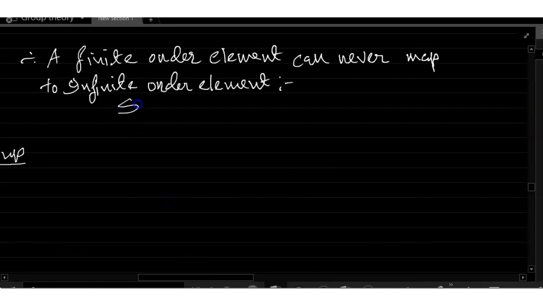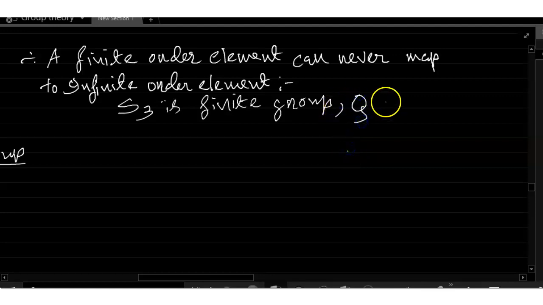In here S3 is a finite group and Q plus is an infinite group. So it is not possible.